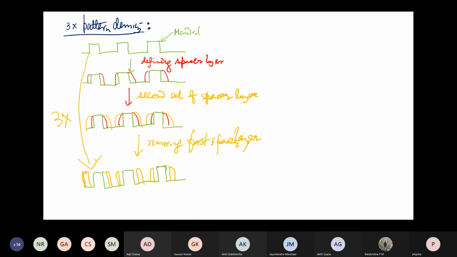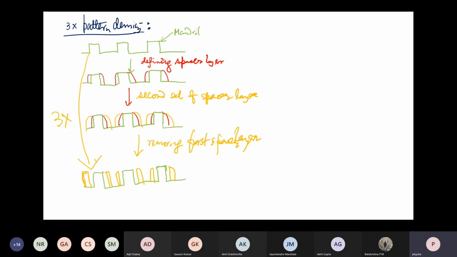Right? So similarly, you can do like 4 times pattern density increment, 8 times pattern density increment, and so on.